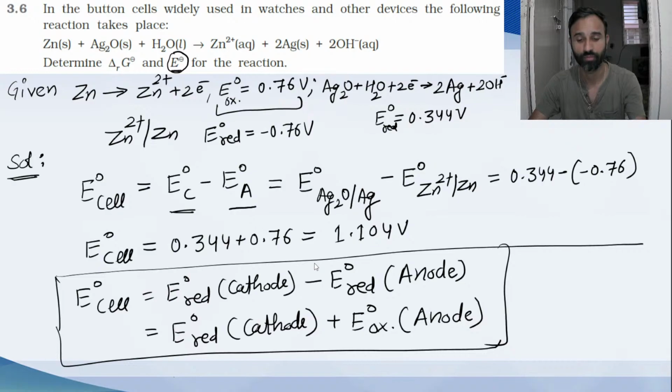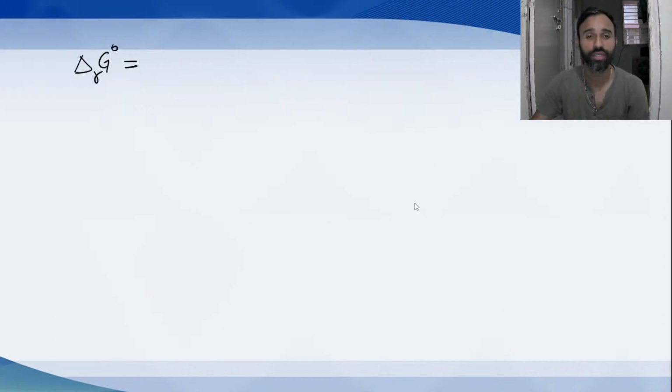Now the next part is ΔG°. ΔG° is related to E° cell, and what is the relation?